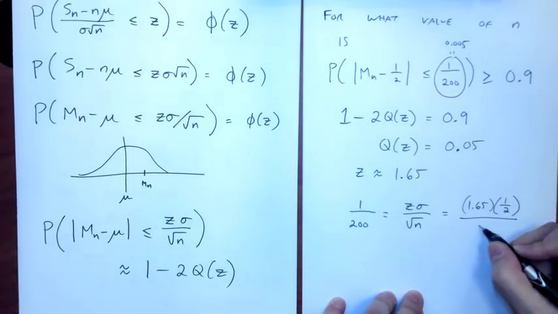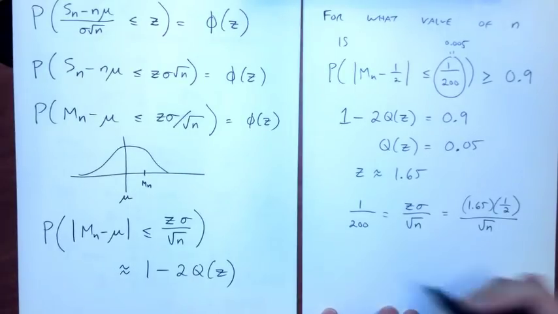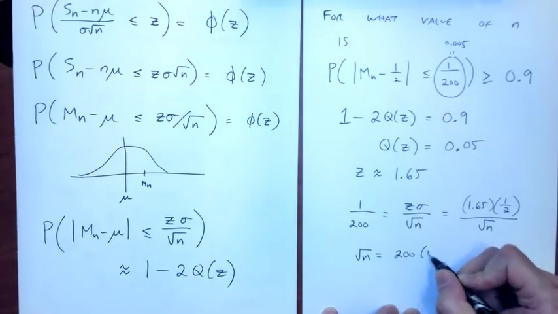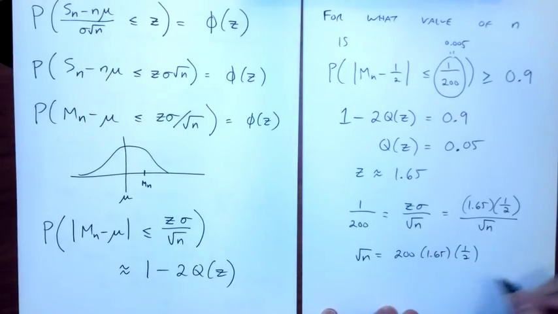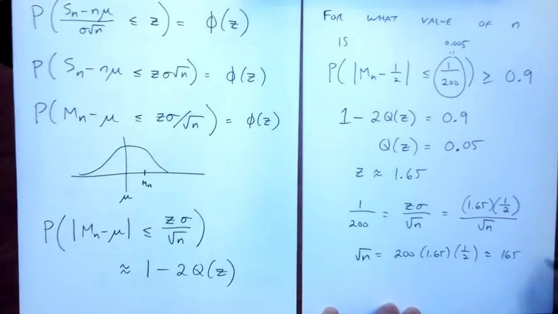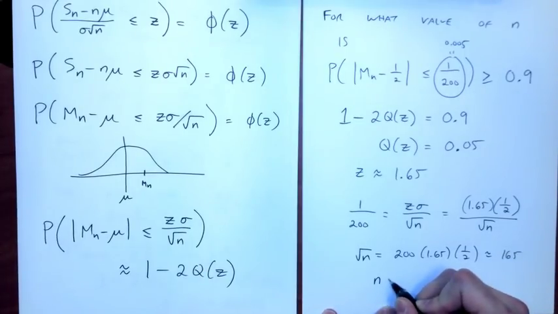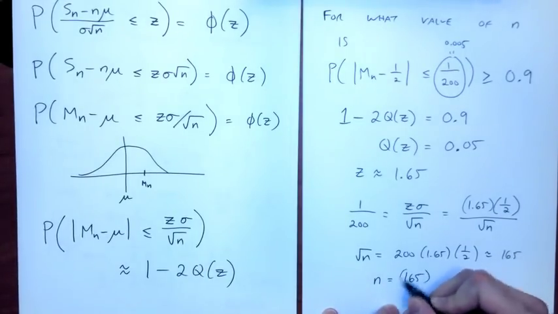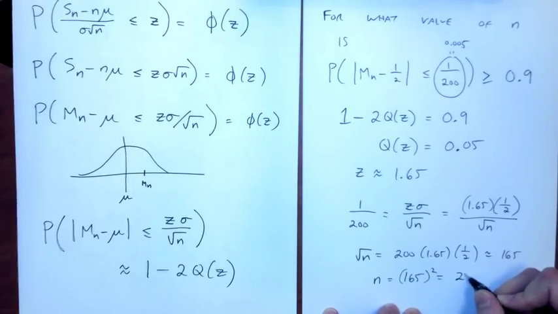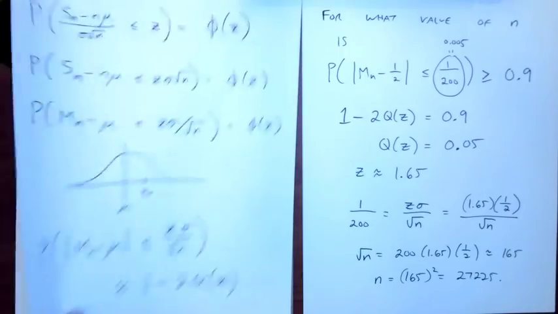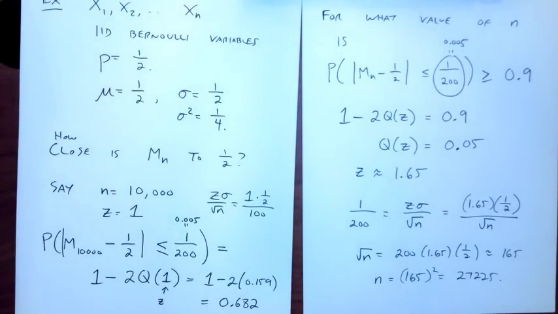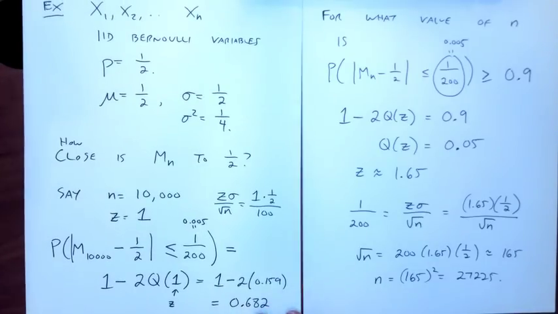I don't know square root of n, that's what I'm trying to find. So I flip this around, and the square root of n has to be equal to 200 times 1.65 times 1/2, which is about 165, so n has to be equal to 165 squared, which is about 27,000. This is a classic example of jockeying this formula around, right?